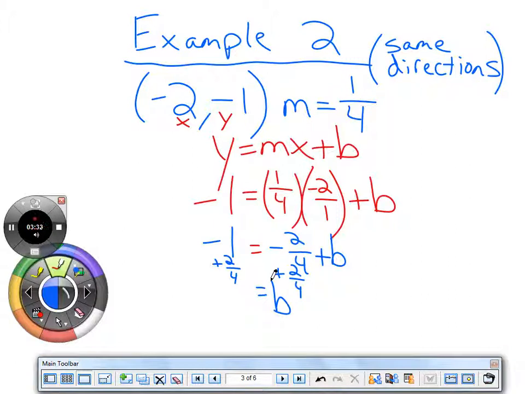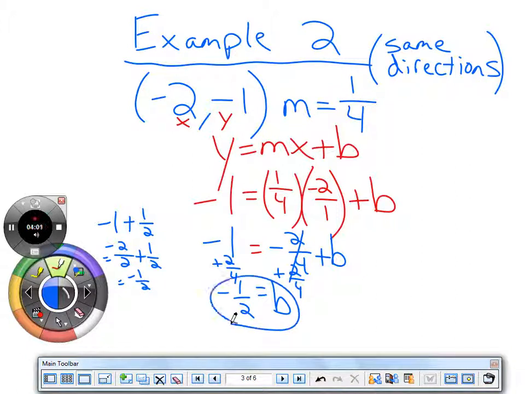On the right side, all we'll have is b, because that'll cancel out. So -1 plus a half. We could get a common denominator, or maybe you can just see that that's going to give you -1/2. If not, say this would be -2 over 2 plus 1 over 2, and now they have a common denominator, so this would be -1 over 2. All right, so that's our b, -1/2.